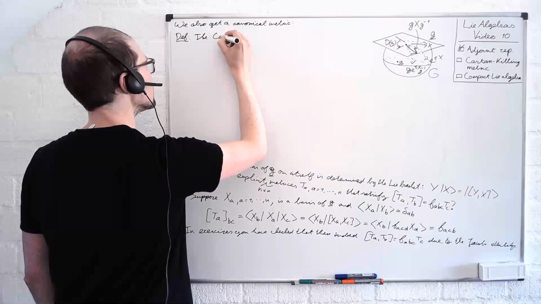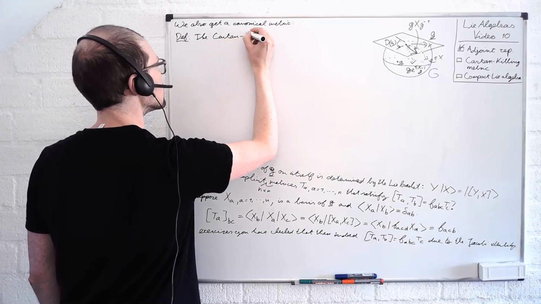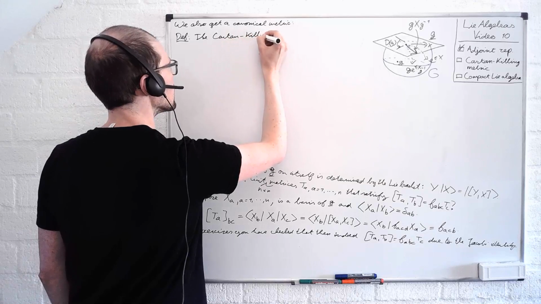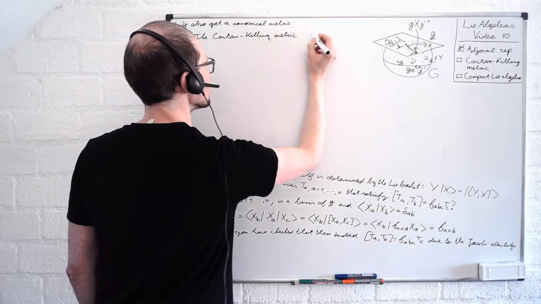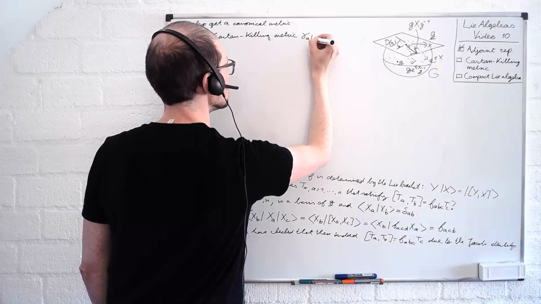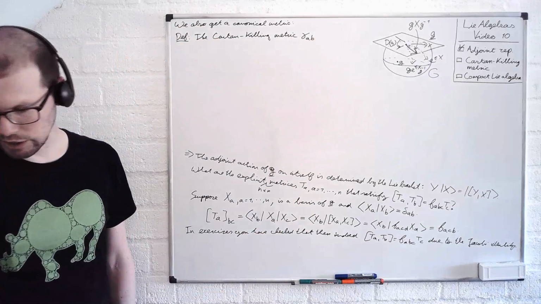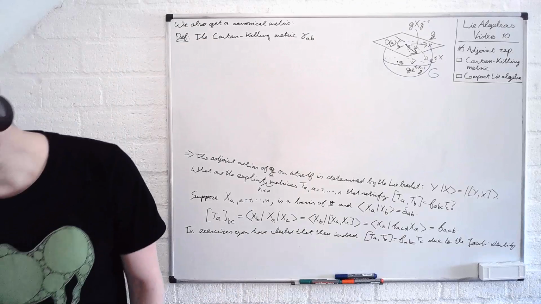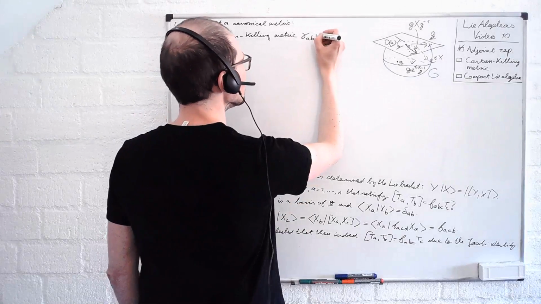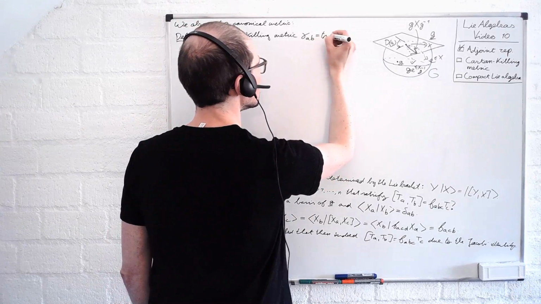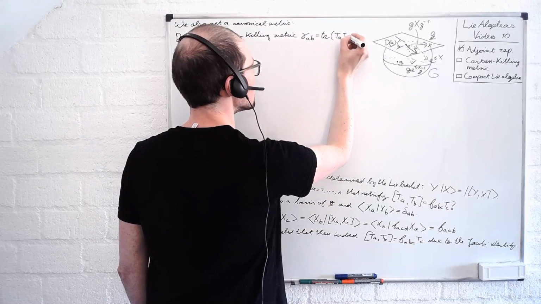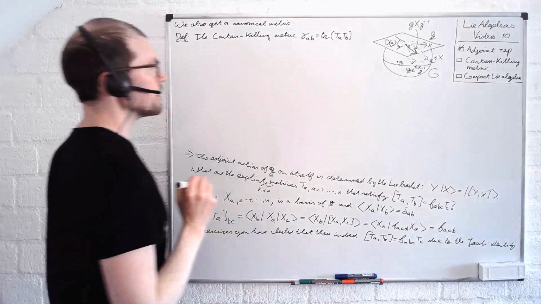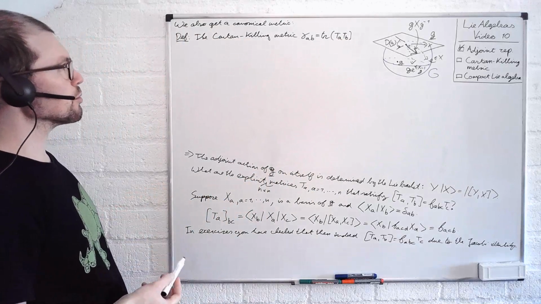The Cartan-Killing metric, denoted by gamma_AB, and given by the trace of this canonical adjoint representation.